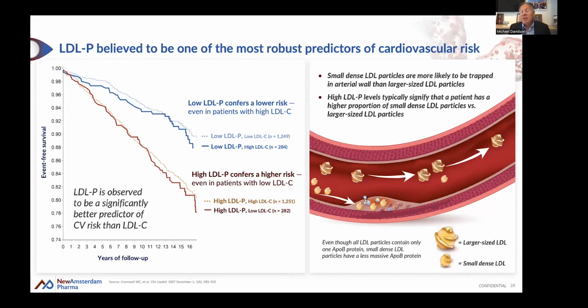As we're all aware, I believe that statins lower all particles, but primarily large particles. And so what's left over is the smaller particles. And so we believe that is a large part of the residual risk of patients on statin therapy, that they still have relatively elevated small particles.